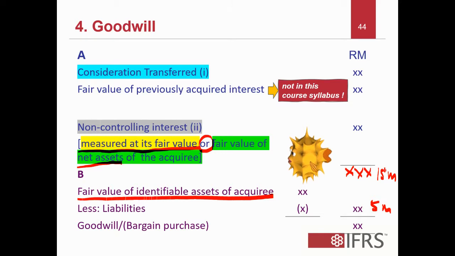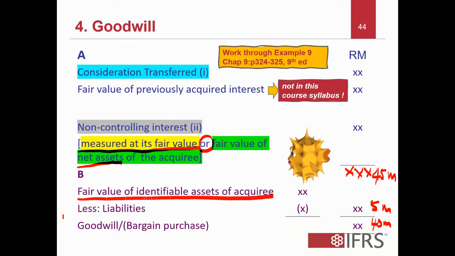Sorry, let's just put a greater one. Maybe I put this 45 million and this is 5 million. So if that is the case, maybe this one, 40 million, is the goodwill, because A exceeds B.